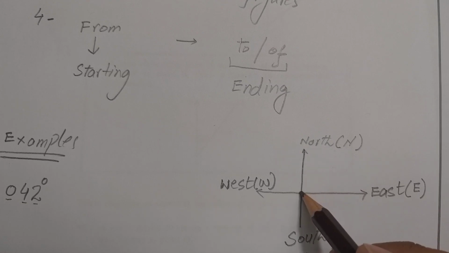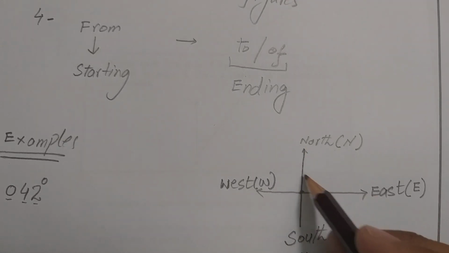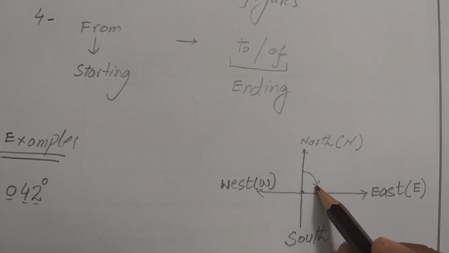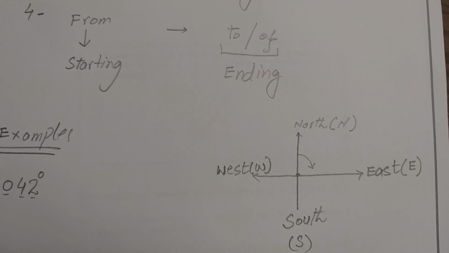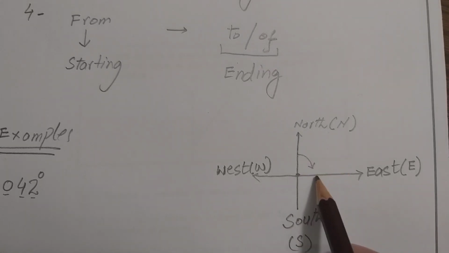So we can take any point on the north line, anywhere, and you should move clockwise. And we should stop according to the given information.